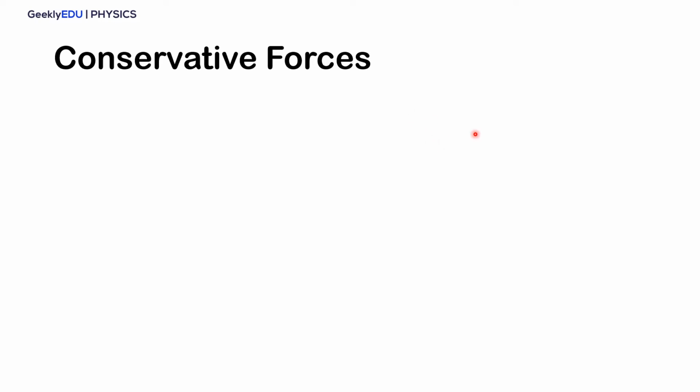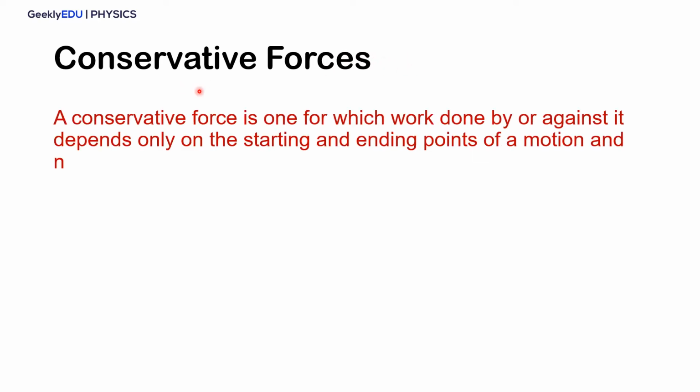Before talking about the conservation of mechanical energy, let's talk about the conservative forces. A conservative force is one for which work done by or against it depends only on the starting and ending points of a motion and not on the path taken. In other words, these types of forces do not depend on the path taken.